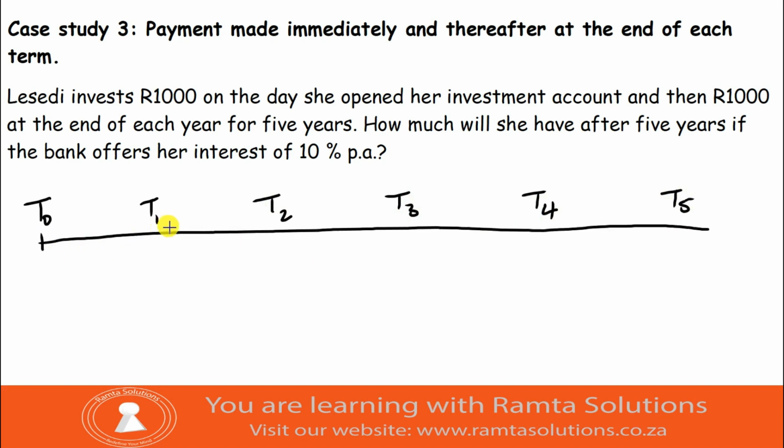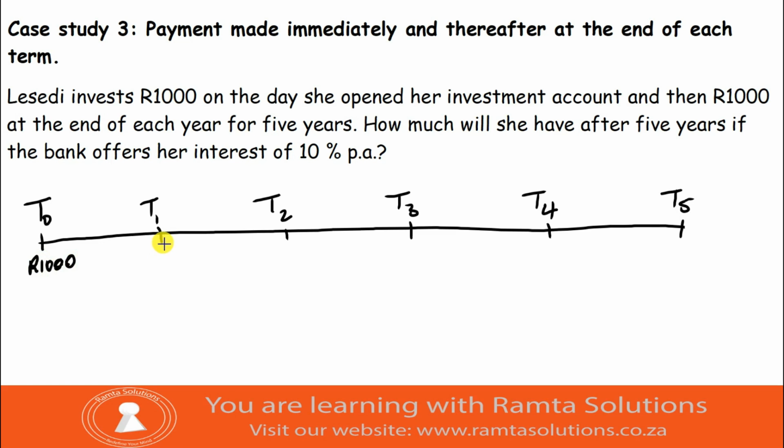She is depositing this 1,000 rand immediately on the day that she opens this account. So this means she's doing that here.